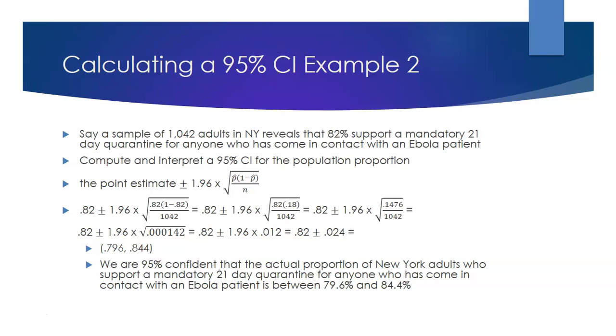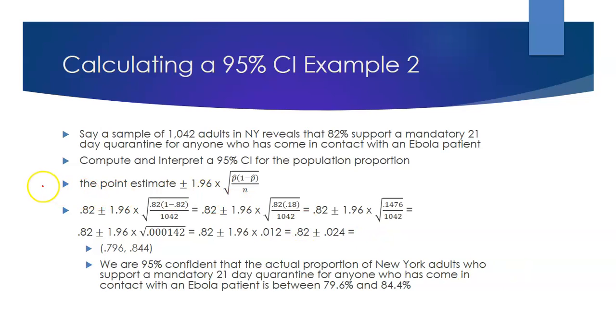In that questionnaire, 82% of respondents said yes, they do support the quarantine. So the question is, you need to compute and interpret a 95% confidence interval for the population proportion. We want to find what range the population proportion truly falls under.